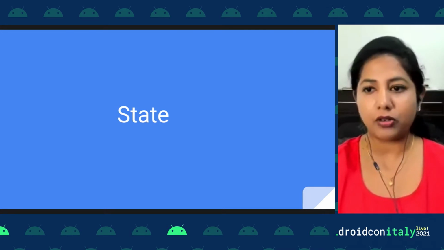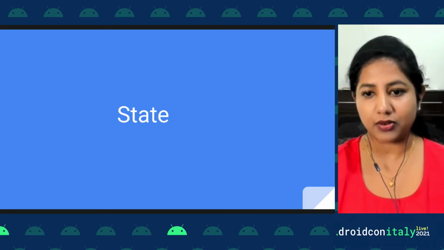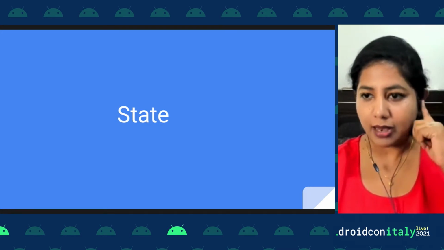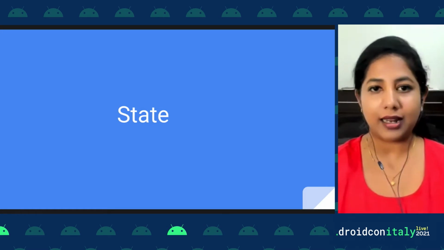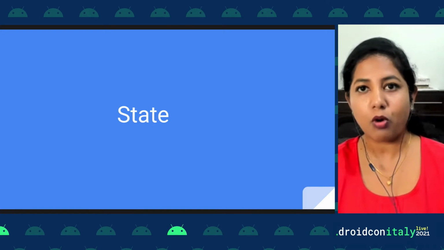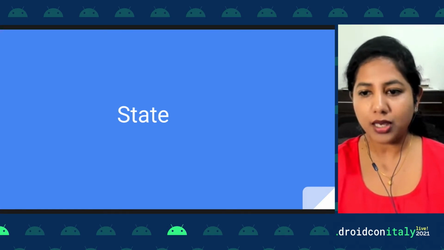So let's break it down a little further. When I say declarative, the focus is more on the desired output or the result, right? To give you an example, let's say you have a switch in your app for daylight mode or morning mode or something like that. Now, when you change the switch, you're toggling between the dark theme and the light theme, right?